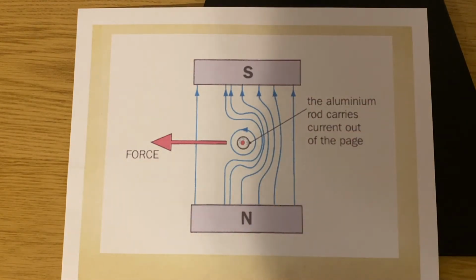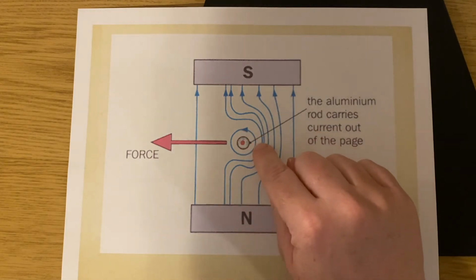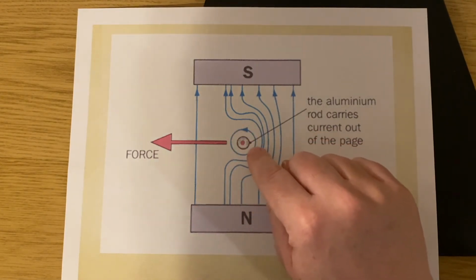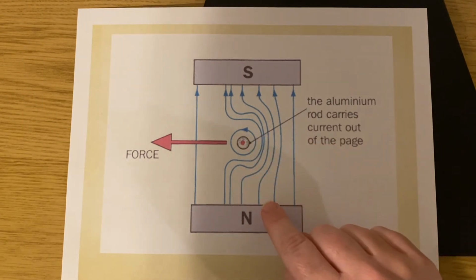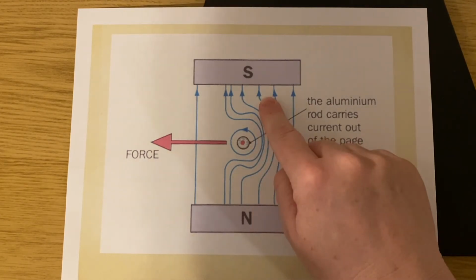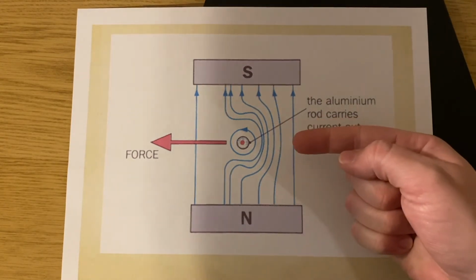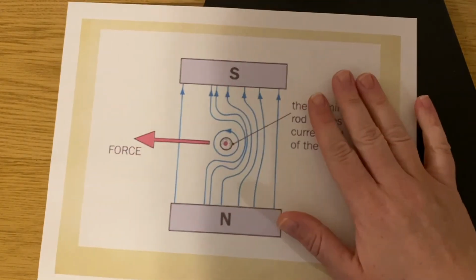On the other side, however, we have it going up right here, and because the magnetic field that's going around the rod is going up, and the magnetic field from the fixed magnet here is going up, it adds to the magnetic field that's already existing in that situation. And so because of that, it creates a force that's going this way, away from that.